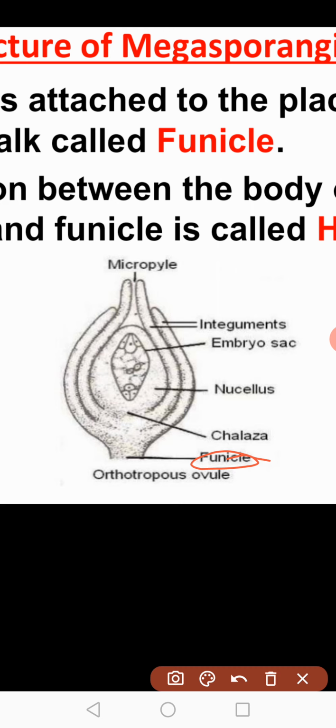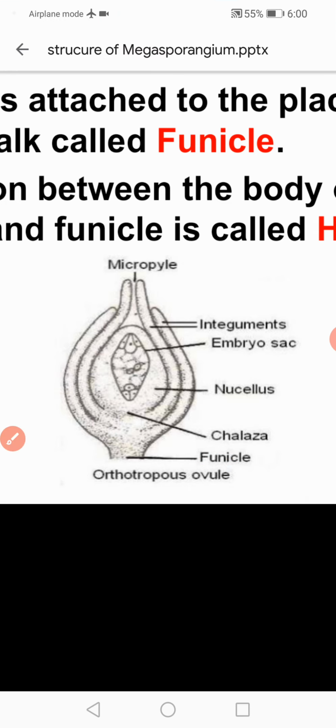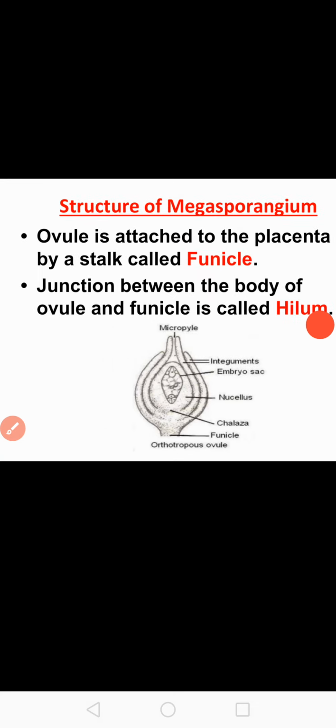The junction between the funicle and the main body of the ovule, that means this region, is called the hilum. So hilum is nothing but the junction present between the main body of the ovule and the funicle.